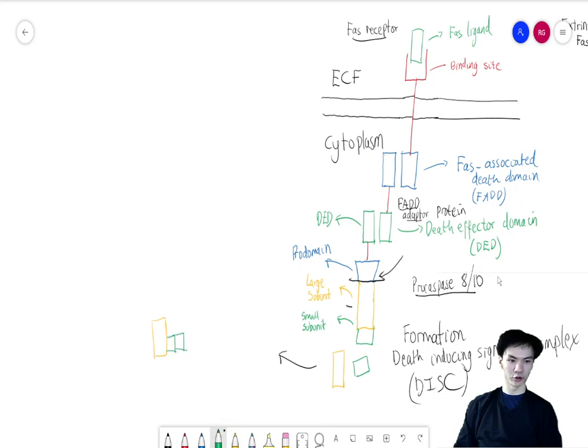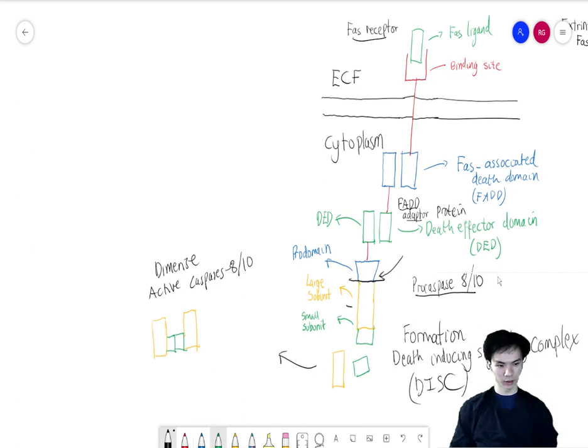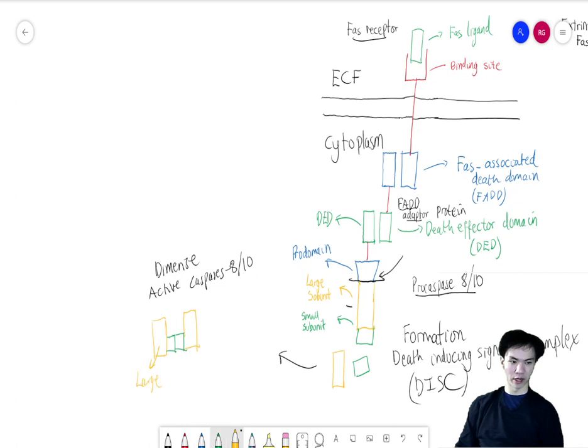Essentially, you have two caspases without the pro domain joined together, and that's going to form your active caspases. They're going to be your caspases 8 or 10. So here we have our large subunit and small subunit dimerizing to form your active caspases.